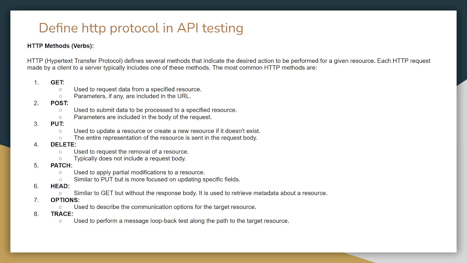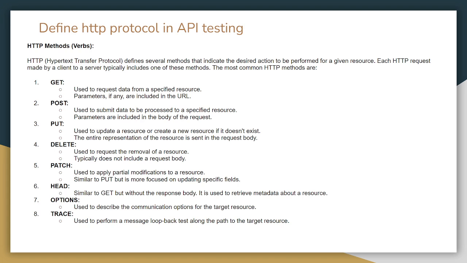Next is POST. A POST request is basically used to submit data to be processed for specific resources. It can create a new resource or update existing ones. So if you want to create a new resource or new data in the database, you can use a POST request. For that, you need to create a request body.